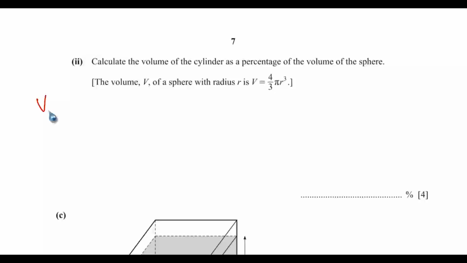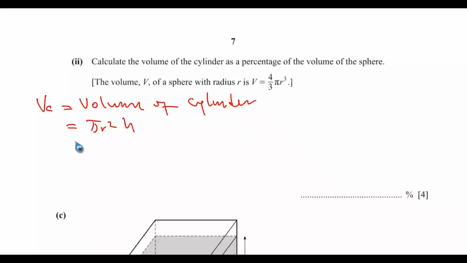The volume of the cylinder, VC, is equal to pi r squared h. So this will be equal to 3.14 times the radius, 8 centimeters, squared, times the height, 30 centimeters.